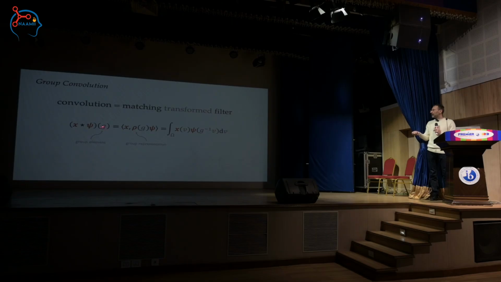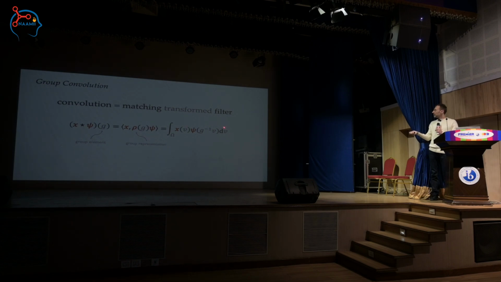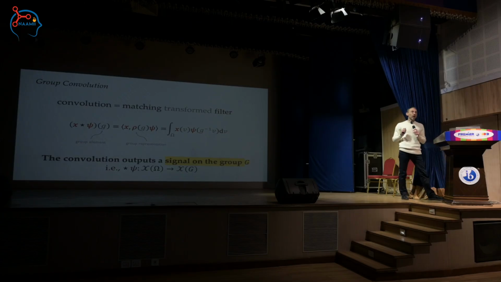For every element of the group, we have the corresponding group representation, which in the previous case was the shift operator, and then we transform the filter to a new position by the inverse of the group element. And now the convolution outputs a signal that lives on the group, right? So it goes from omega to G. And nobody guarantees whatsoever that the structure of G is the same as the structure of omega.